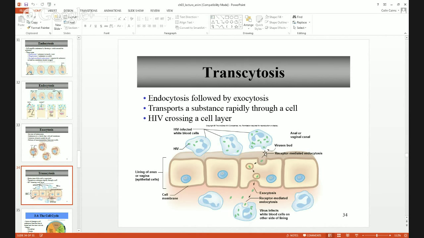The virus breaks off and undergoes receptor-mediated endocytosis. A vesicle surrounds it, and then it goes right through the lining epithelial cells, and it's released on the inside, and then it goes to infect other white blood cells on the other side of the lining.